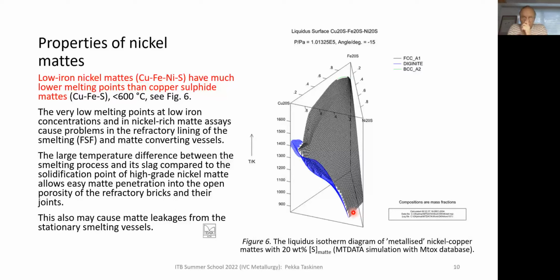So now below that slag layer, we have matte, which has a melting point of 600 C, meaning that it's at least 600 degrees lower than the slag.